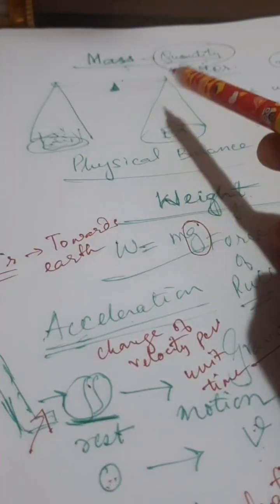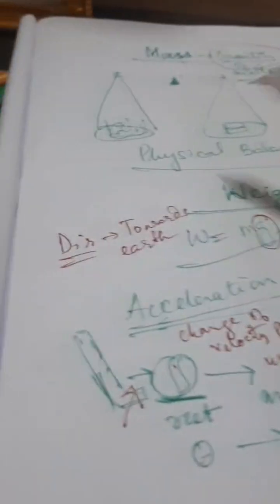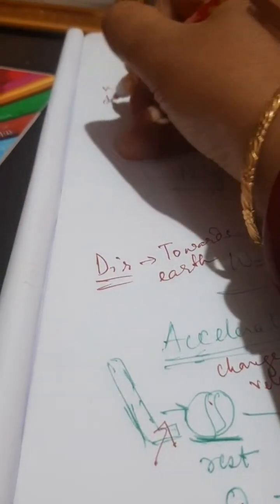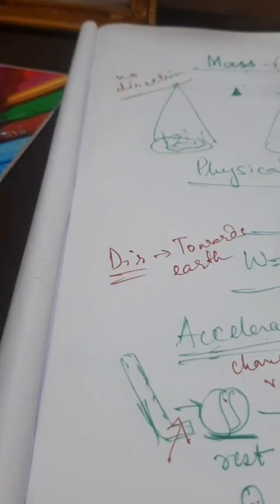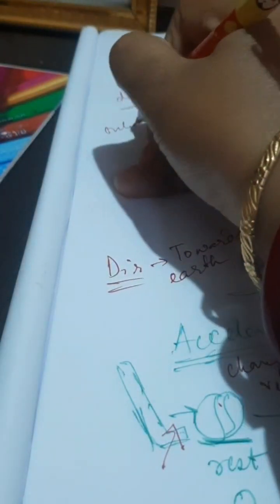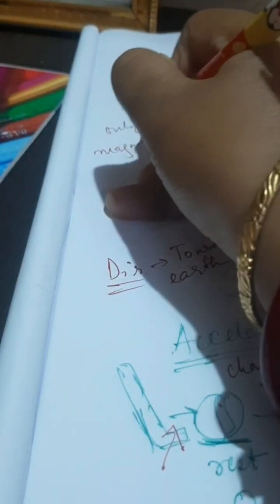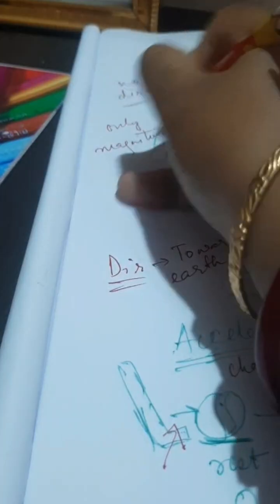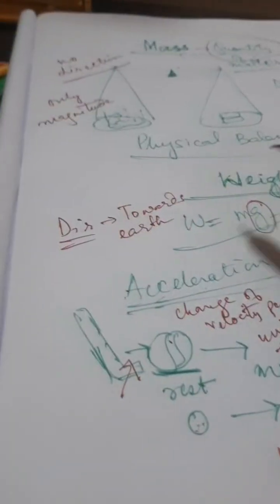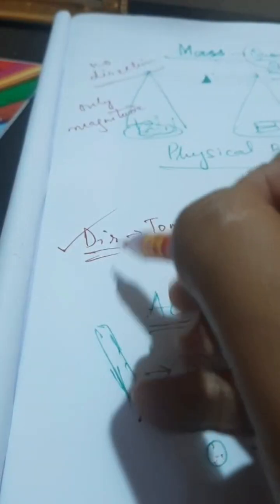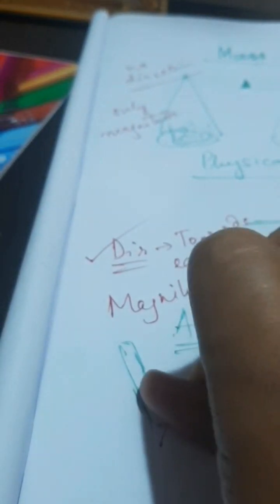That means mass has no directional property. It has only some magnitude. Mass has only magnitude, no direction. But weight of an object, it has direction, it also has magnitude.